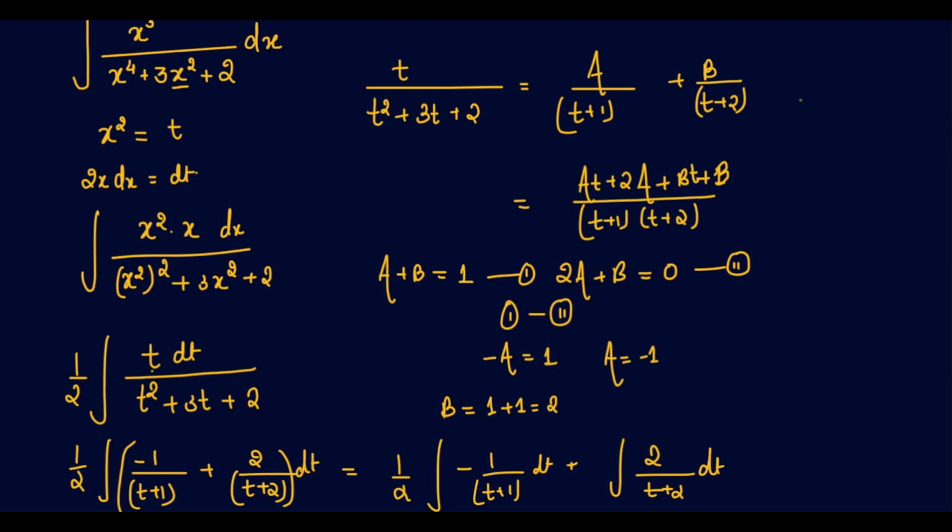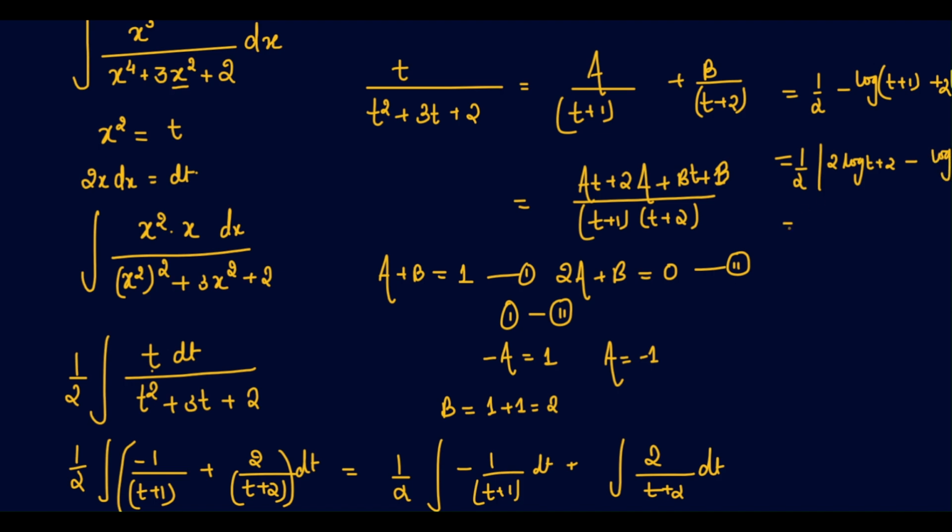Now what can we write? The integral of 1 over t plus 1 is log of t plus 1, and this one will become 2 log of t plus 2. So if you write it in proper form, you will write it as half of 2 log of t plus 2 minus log of t plus 1.